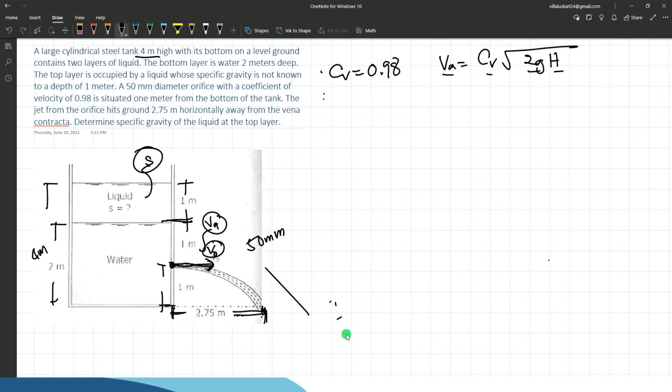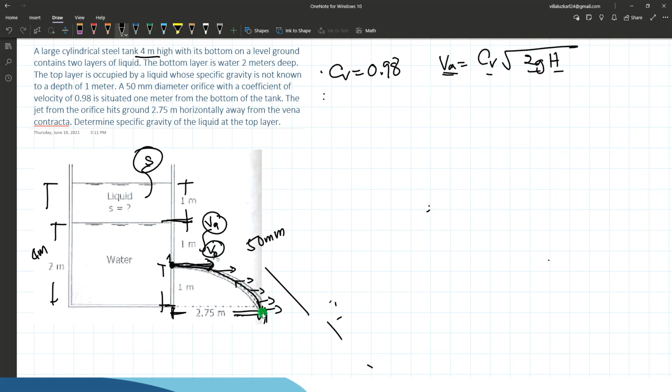As we know, in projectile motion, along its motion, the velocity along the horizontal is always the same, unlike the velocity along the vertical, which varies due to the effect of gravity. So we will focus on the horizontal velocity, which is also your initial velocity and the actual velocity.